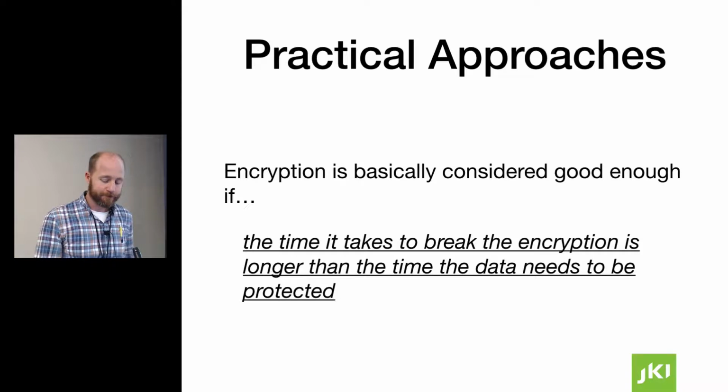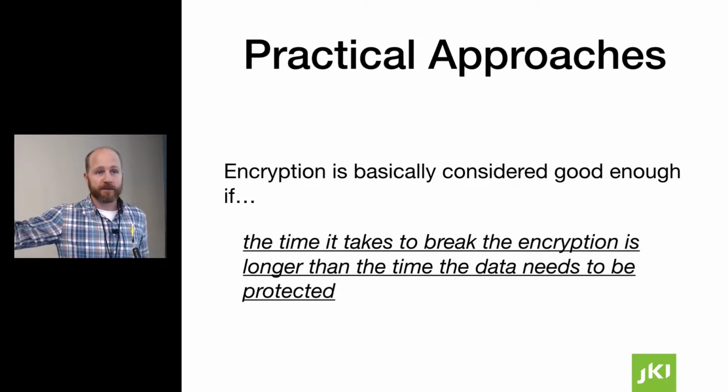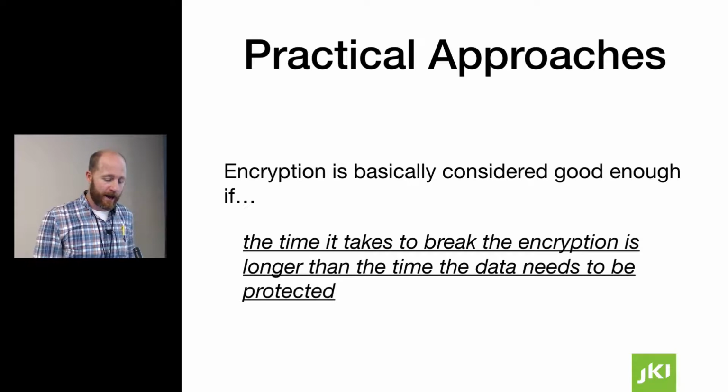And also, they're going for algorithms where, once you do break the encryption, hopefully you can't go back and break other things that were previously encrypted. You can only break new things encrypted with that algorithm.